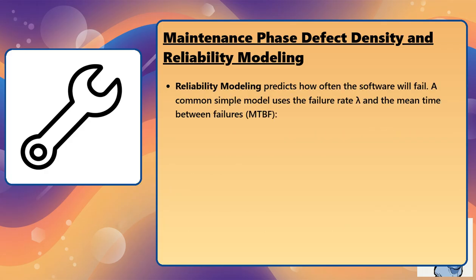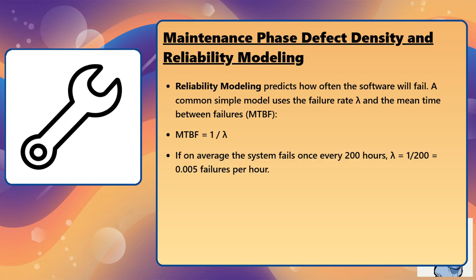Reliability modeling predicts how often the software will fail. A common simple model uses the failure rate lambda and the mean time between failures, MTBF. MTBF equals 1 divided by lambda. If on average the system fails once every 200 hours, lambda equals 1 divided by 200 equals 0.005 failures per hour.